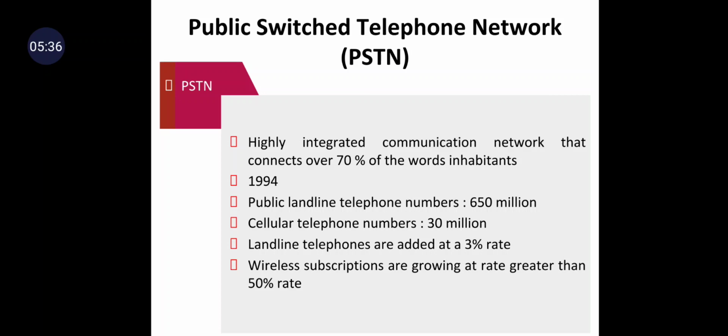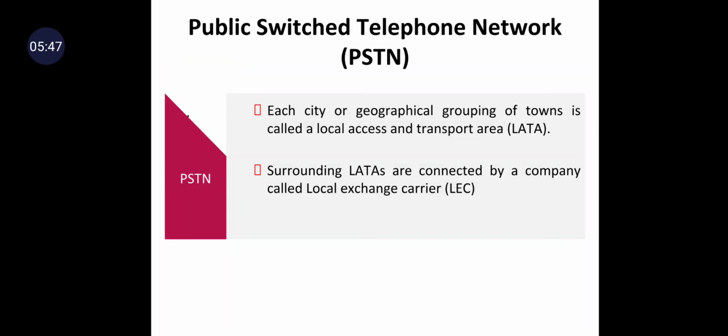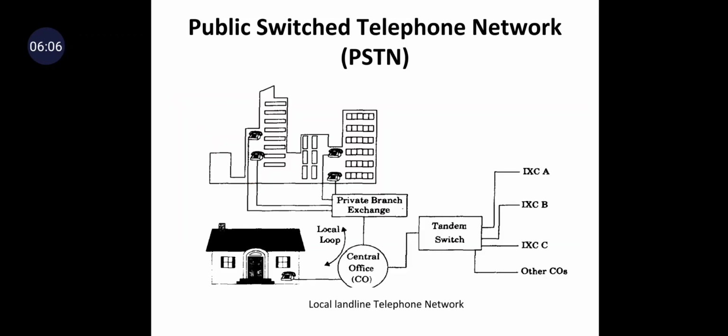But the landline telephones are added at the rate of 3%, while wireless subscriptions are growing at a greater rate, greater than 50%. And each city or geographical grouping of towns is called a Local Access and Transport Area, that is LATA. Surrounding LATAs are connected by a company called the Local Exchange Carrier, called LEC.